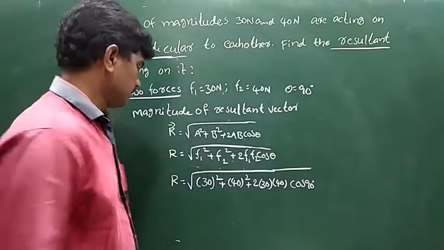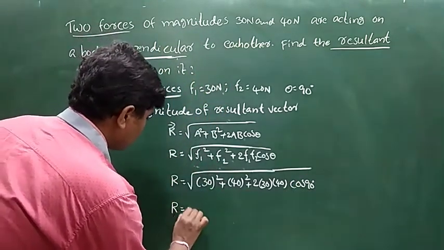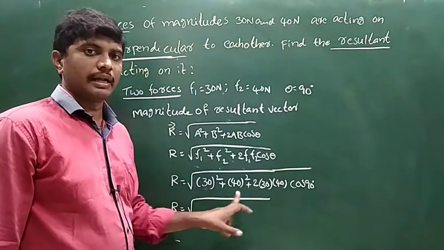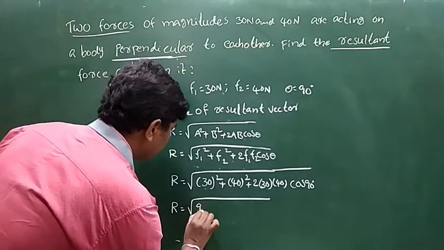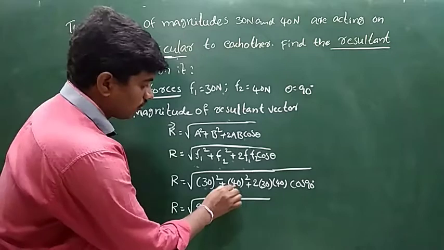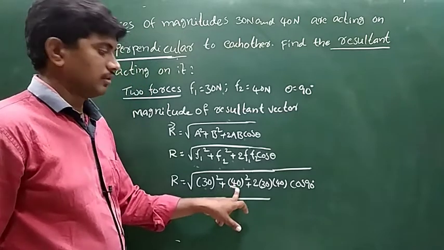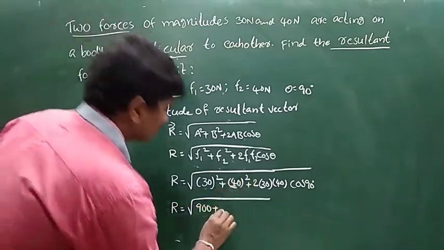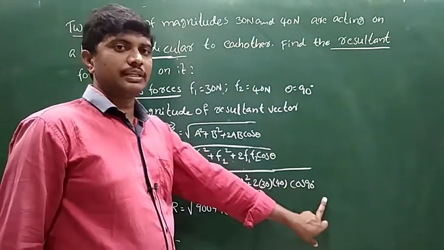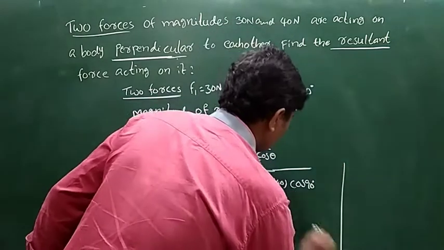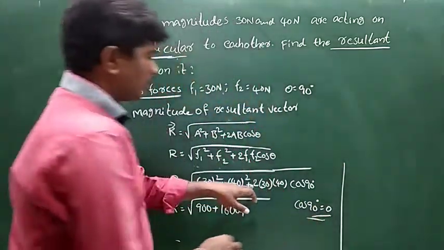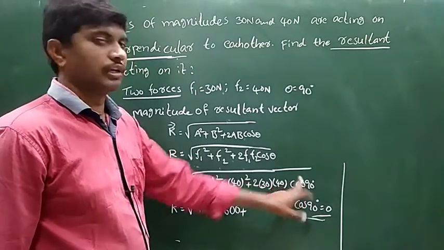Cos 90 degrees is equal to 0, so 2 into 30 into 40 into 0 equals 0.